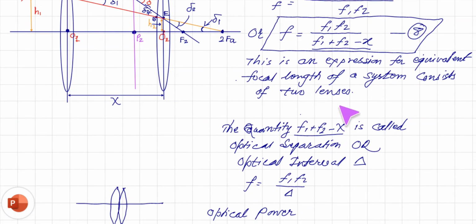The quantity f1 plus f2 minus x, the distance of separation between the two lenses, is called the optical separation or optical interval delta, and it is given by f is equal to f1 f2 upon delta, where f1 plus f2 minus x is delta as shown here.